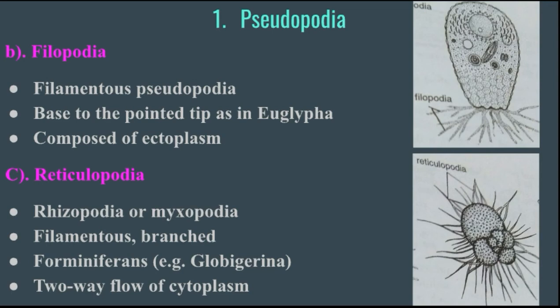This type occurs in foraminiferans, for example Globigerina. Reticulopodia display a two-way flow of cytoplasm.